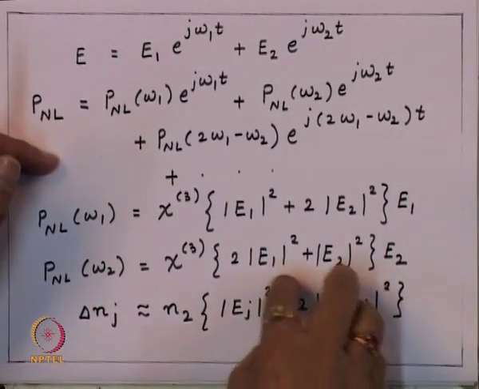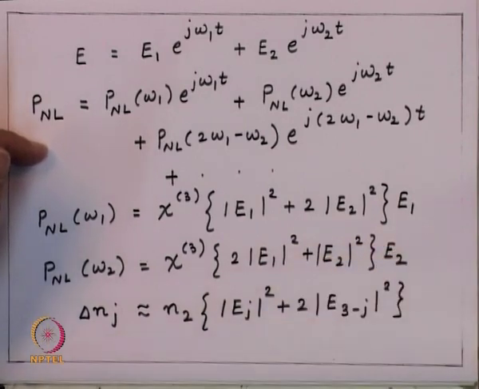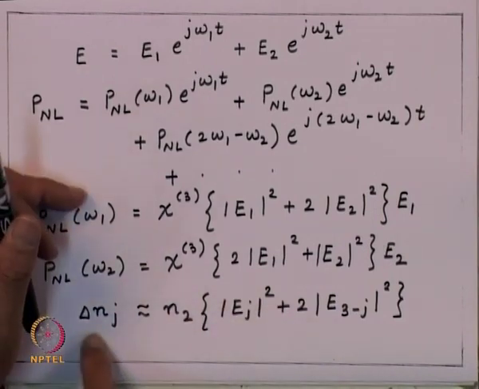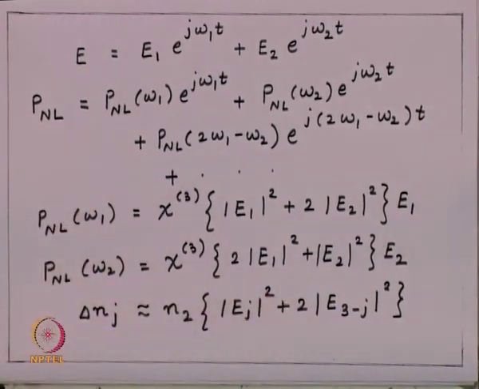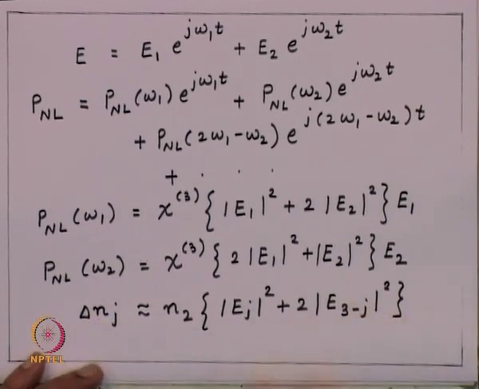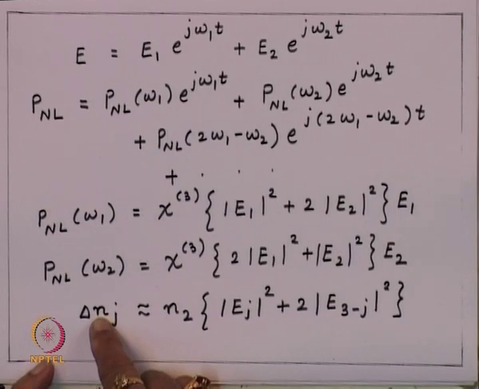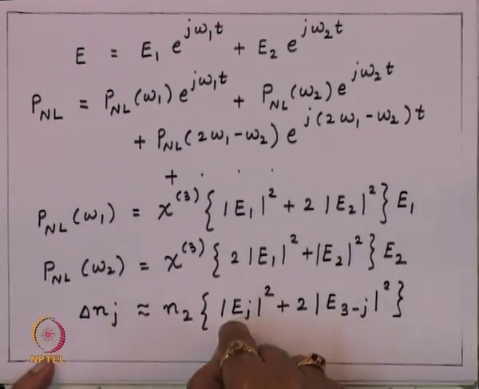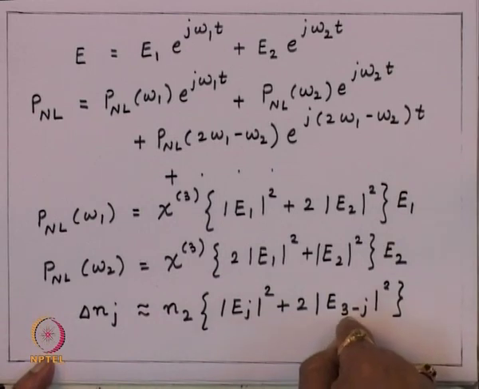And as we have seen earlier, when the signal propagates inside the optical fiber, this change in refractive index gives me a phenomenon called the self phase modulation. What we are saying now is that since the refractive index change is going to take place because of this frequency and another signal, the change in phase is not only because of the signal itself, but it is also due to another signal which is propagating.